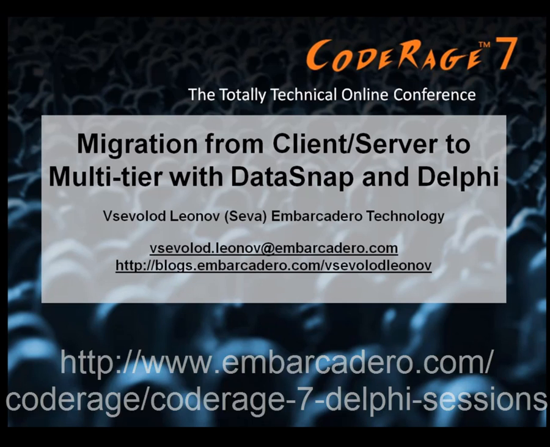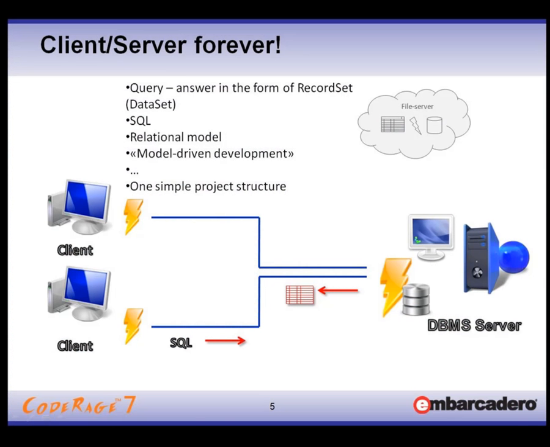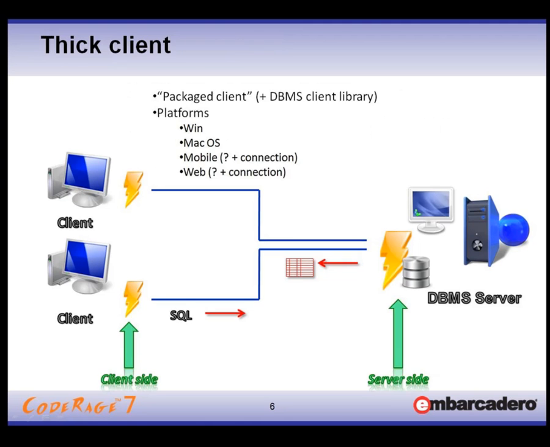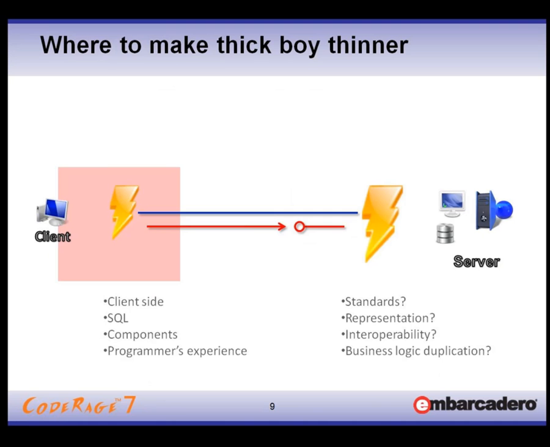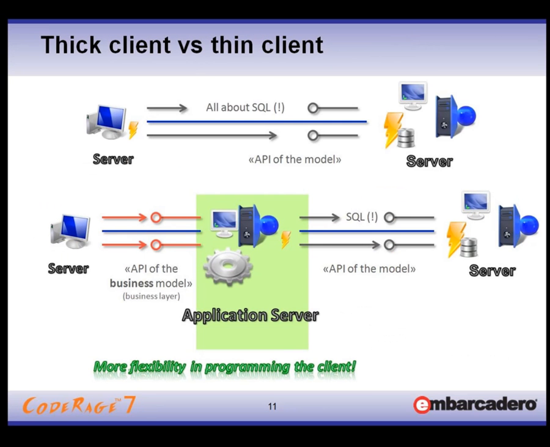During this session I discussed why client-server is not the ideal technology to be based on, why the problems with client-server are inevitable, and why and what for we should go to multi-tier instead of continuing to use client-server. Then we compared the thick client versus thin client and discussed the advantages of the multi-tier approach.